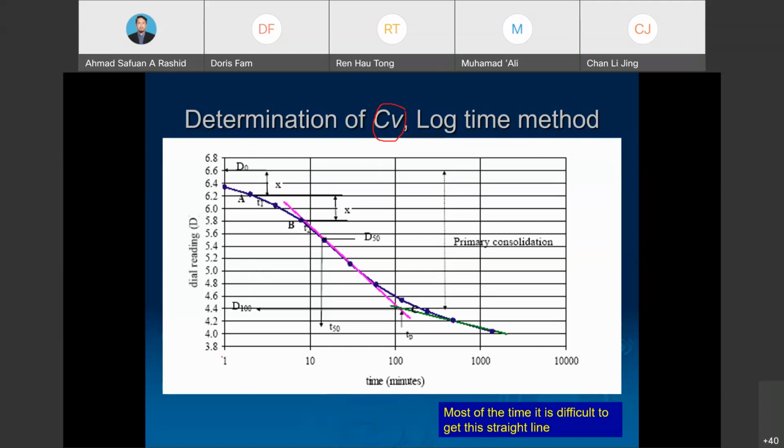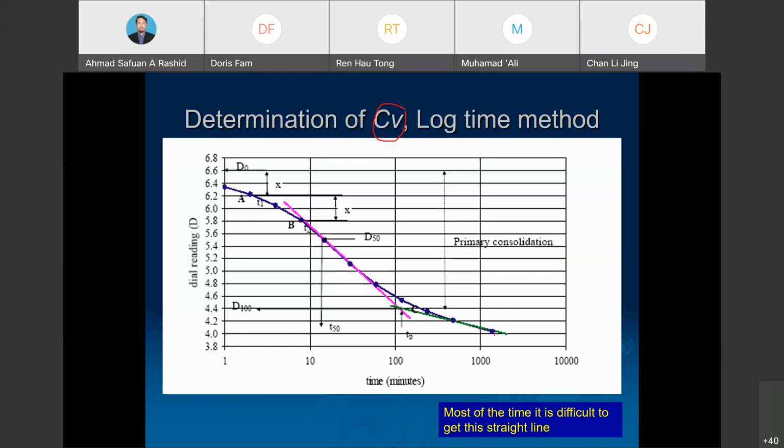Or another way, we can start at 0.1 minutes, which is not a very usual type of graph, because usually we start at 1, 10, 100, 1000.